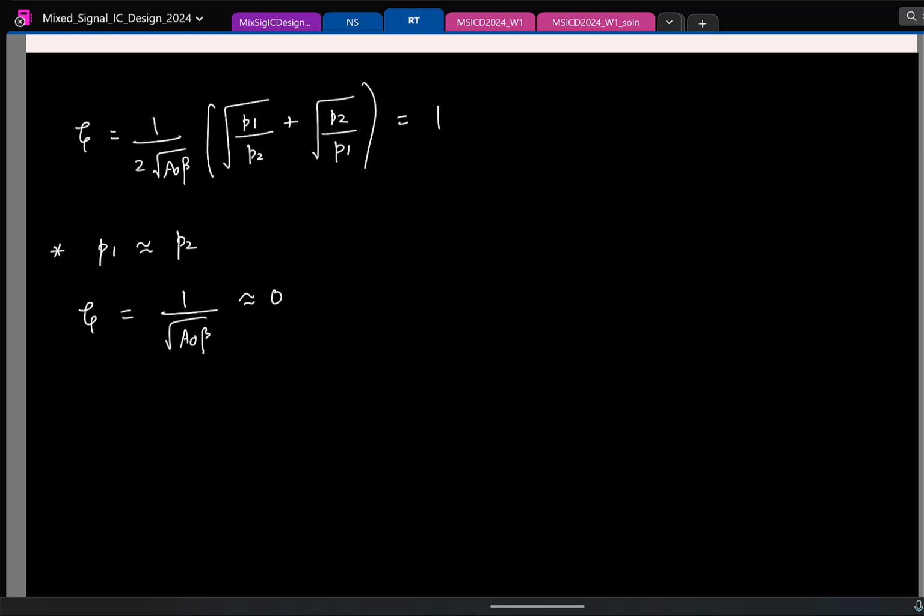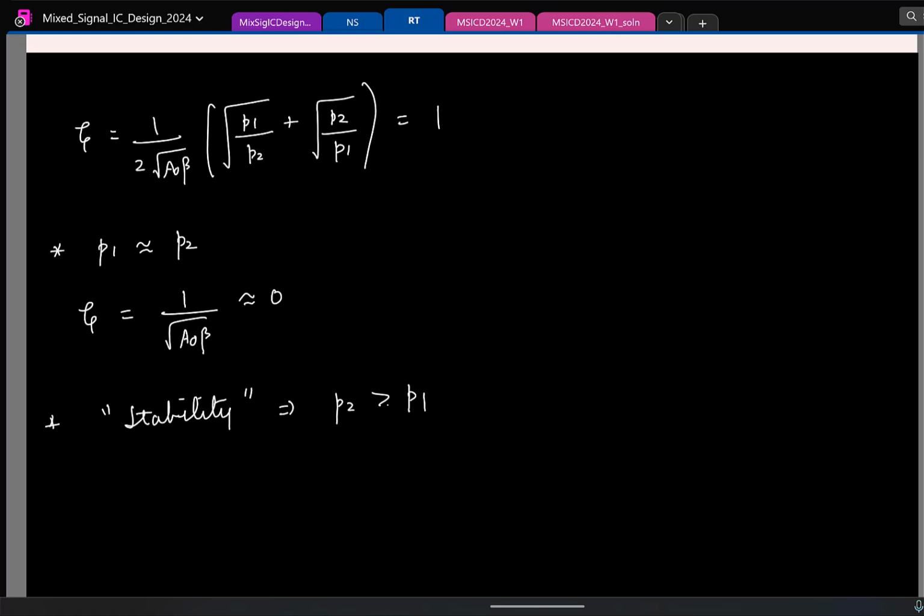Okay. So I know that I will say for stability, again I am just coining the term stability. By stability I mean if I apply a step input, I don't see sinusoidal ringing at all. So this implies I should have one of the poles to be greater than the other.